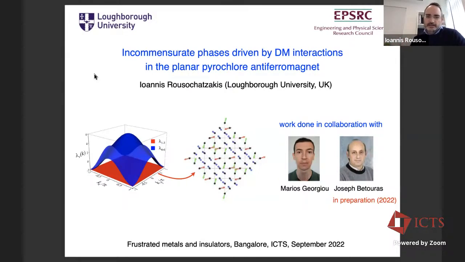And we're going to argue that there are interesting novel incommensurate phases that can arise as a result of this combination. This work was supported by the Engineering and Physical Sciences Research Council of the UK.